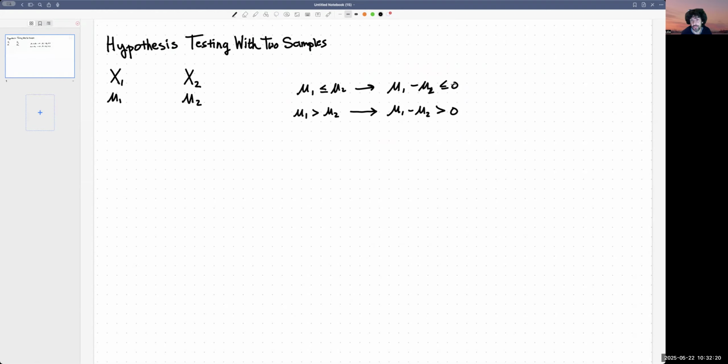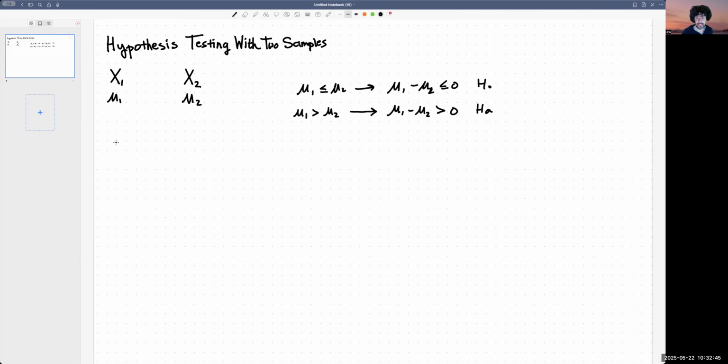We could obviously do the same the other way around. This might be our null hypothesis, and this might be our alternative hypothesis. So that's what we are generally testing for, that there's a difference between the means. And the null hypothesis will typically be that there's no difference. It doesn't have to be precisely that, but let's just think about that for now.